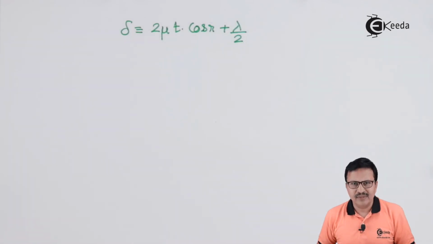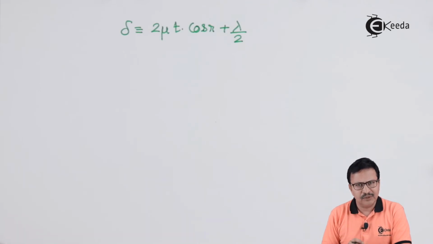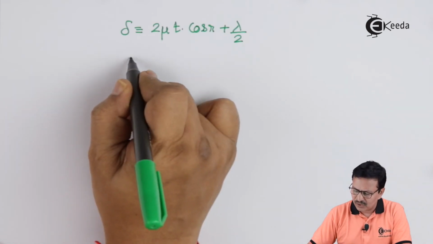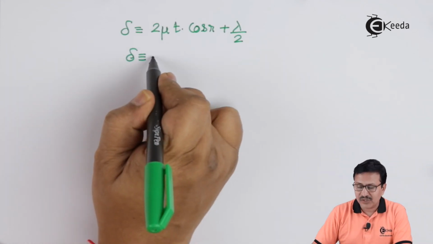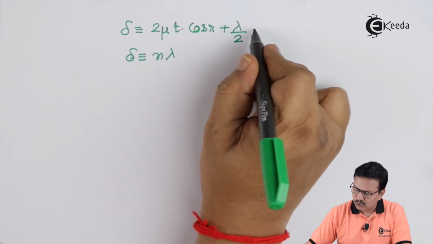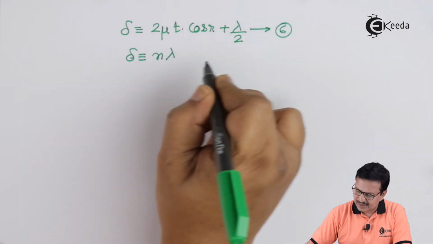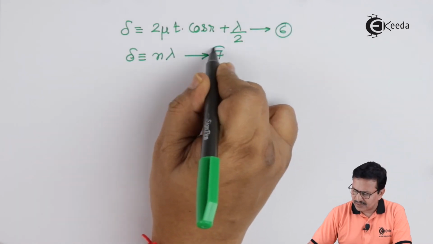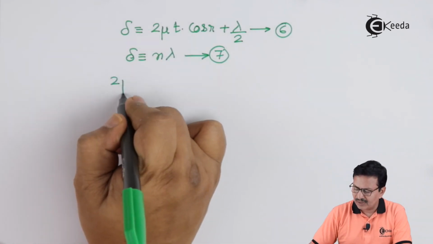Now we are trying to find out the conditions for constructive and destructive interference. So we know that for constructive interference, the path difference is going to be an integral multiple of lambda. So from these expressions, let us say 6 and 7, I'm going to equate these two expressions and let us see what we get.